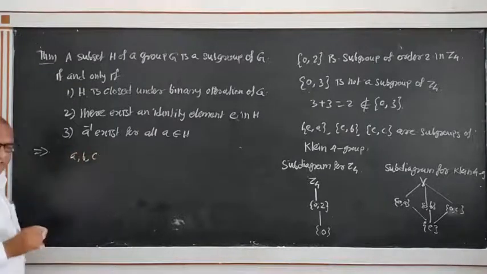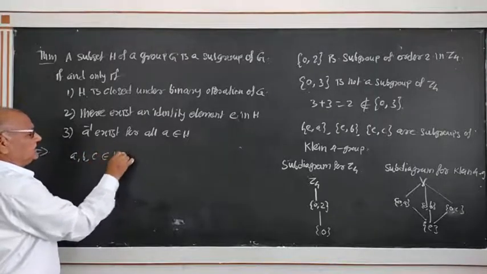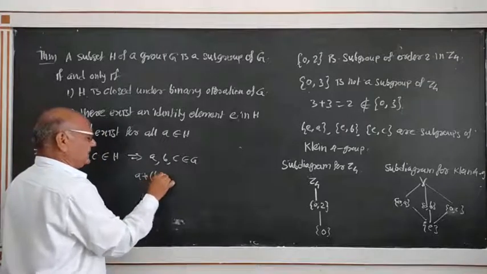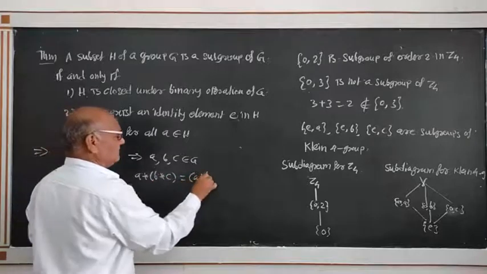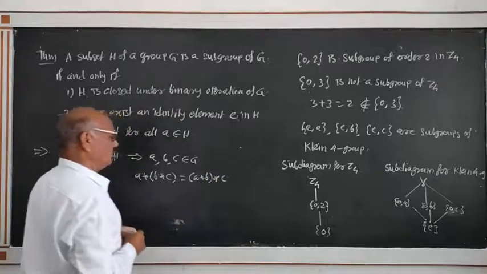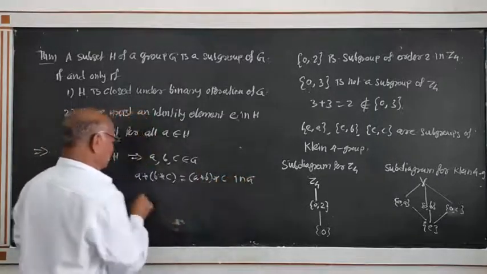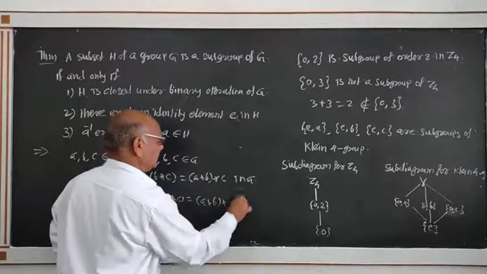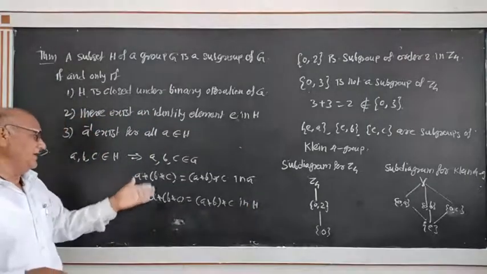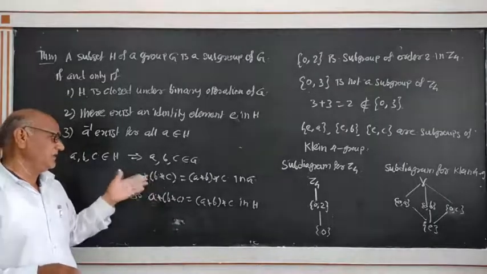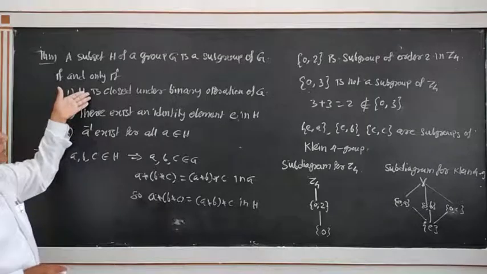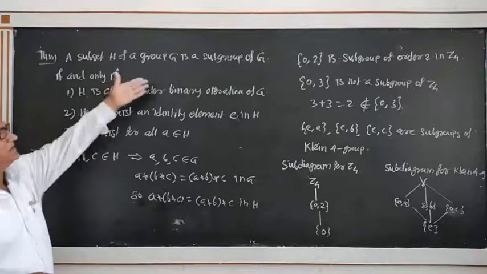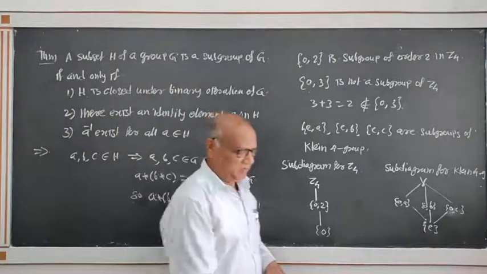If A, B, C belong to H, this implies A, B, C belong to G also, and A star (B star C) is equal to (A star B) star C in G, and so the same holds in H. That means the associative property in H is inherited from G. So closure, identity and inverses are satisfied, H is a group, and H is a subgroup of G.